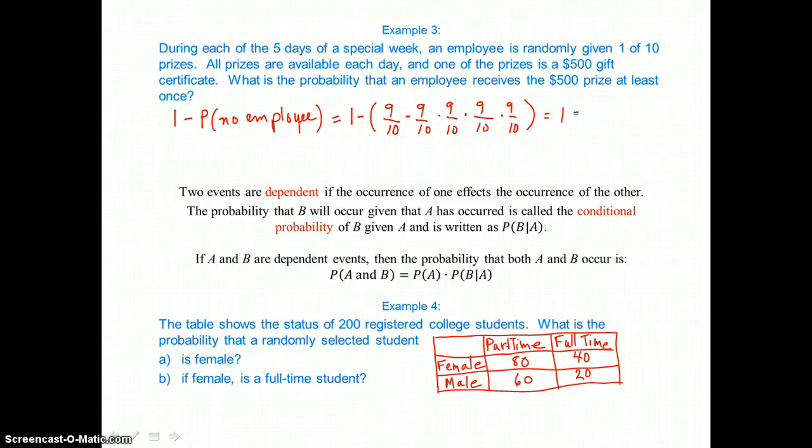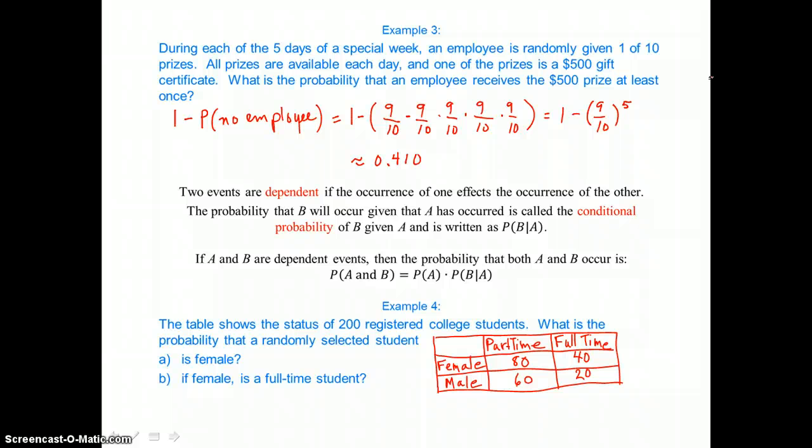So we're just going to put in our calculator 1 minus 9/10 raised to the 5th power and approximate this probability. And I'm getting 0.410 for a probability that at least one employee wins the $500 gift certificate.